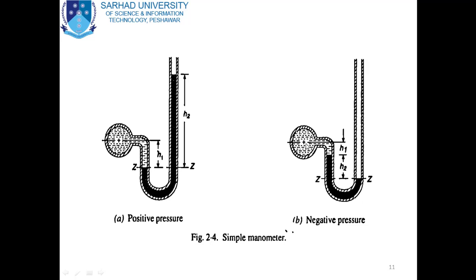The pressure in the left limb is equal to the pressure in the pipe plus the pressure in this tube up to height H1. The liquid in this H1 height has specific gravity S1, so multiplying S1 by H1 gives the pressure up to this point from the center of the pipe. Next is S2 H2, which is the heavy liquid, so multiplying S2 by H2 gives the pressure of this head. The pressure in the right limb is 0 because there is no head of liquid.